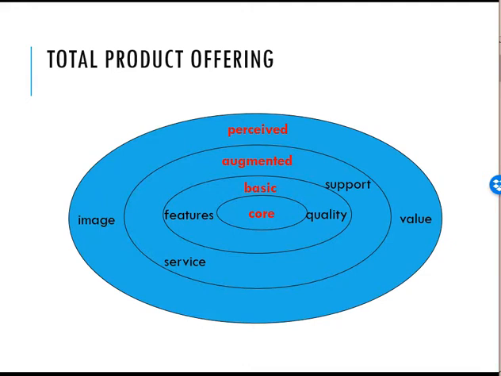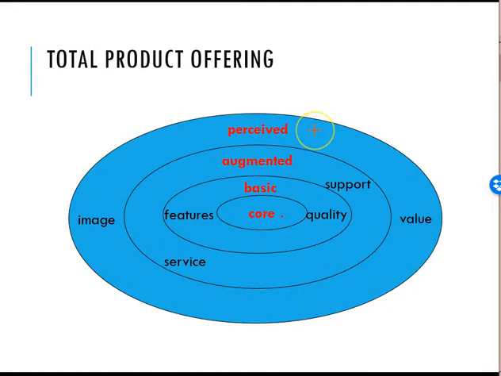The first thing to discuss is the total product offering, and what we mean by that is the product itself serves a basic core value for the customer, and then extending outward from the core value, we get the basic product offering, and that's how you would describe it to consumers. Then you would get the augmented product, that means support and service and other sort of intangibles.